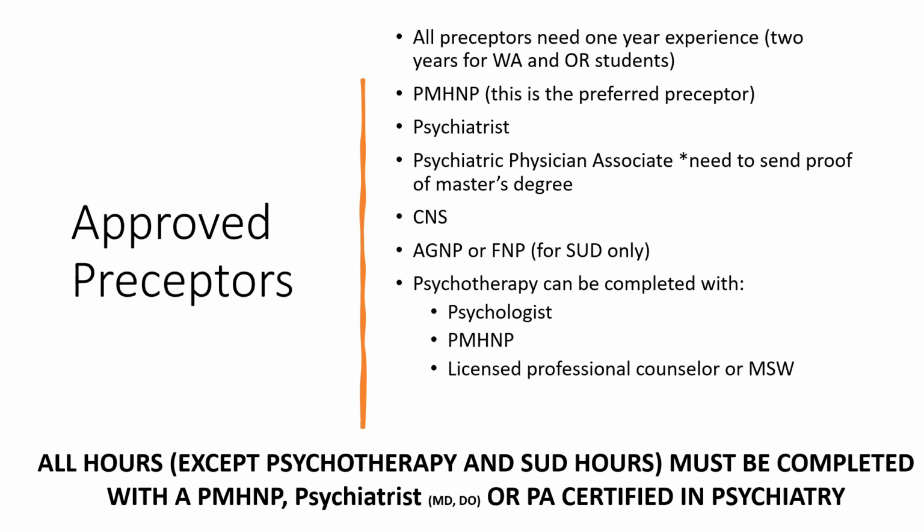But again, as long as they're a psychiatrist, a psychiatric physician assistant, need to send proof of a master's degree. Clinical nurse specialist. You can use an AGNP, FNP, MD, family practice for substance use disorder only. And psychotherapy can be completed with a psychologist, not with a PMHNP, but with a licensed counselor or MSW.